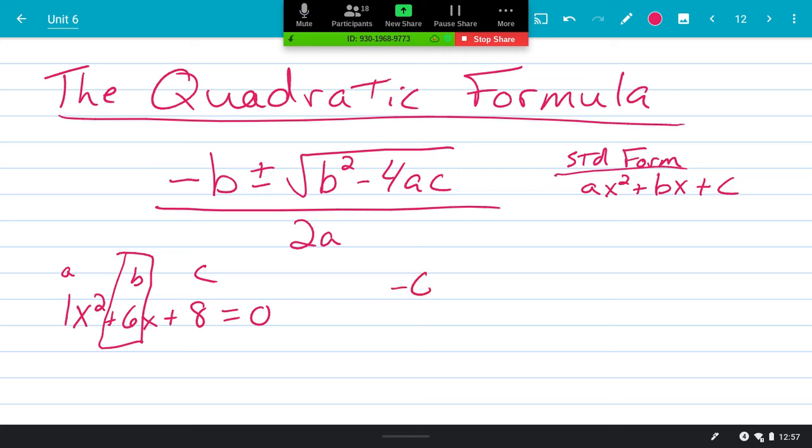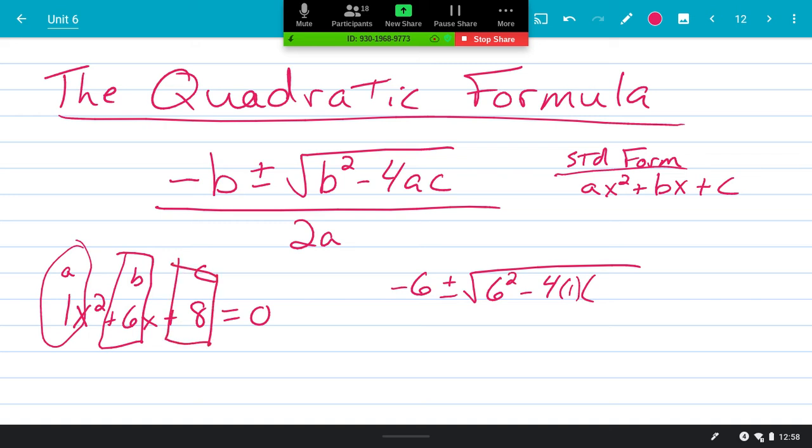So opposite of B would be negative 6 plus or minus the square root of B, which is 6, squared, minus 4 times A, and A we can see is 1, times C, which is 8, all over 2 times A, which in this case again is 1. And that's it. You plug those numbers, A, B, and C, into the formula, and then we will simplify and solve.